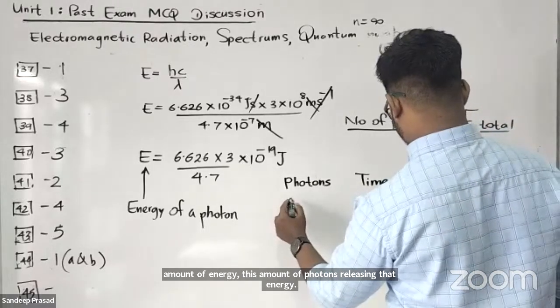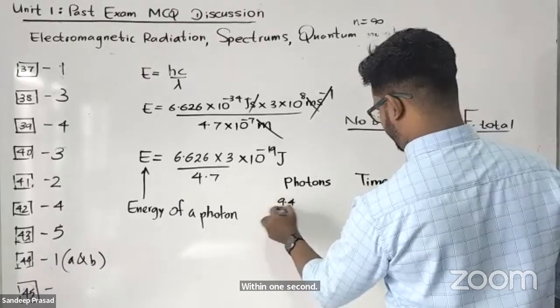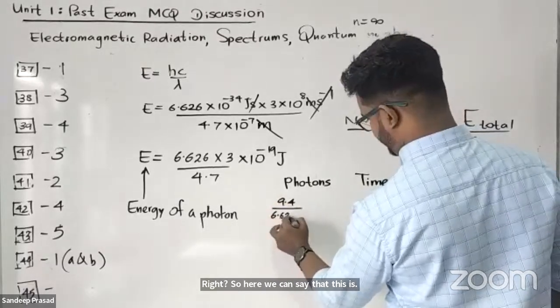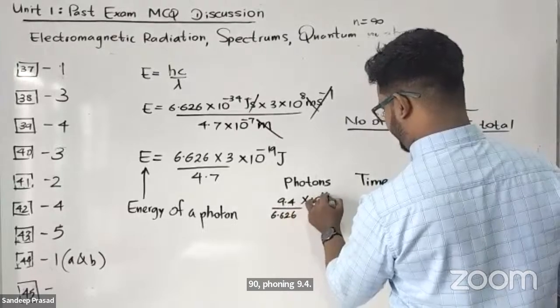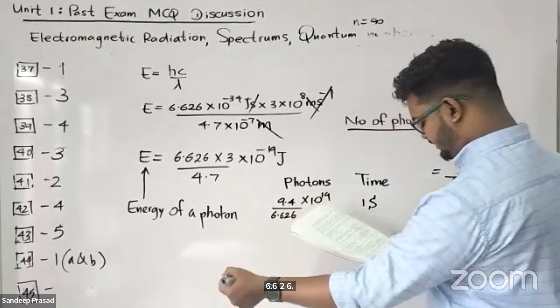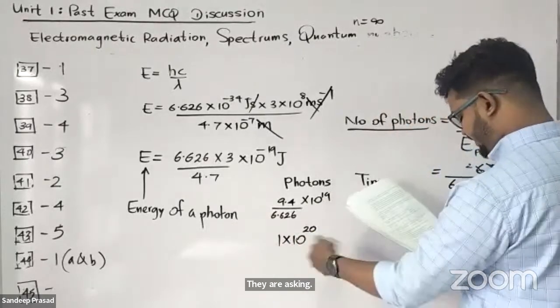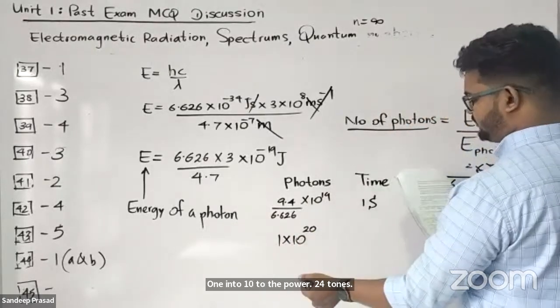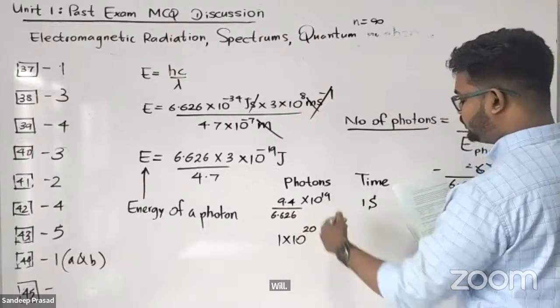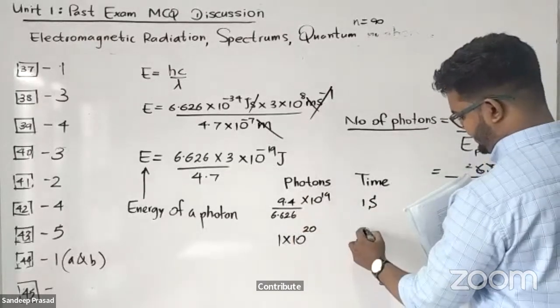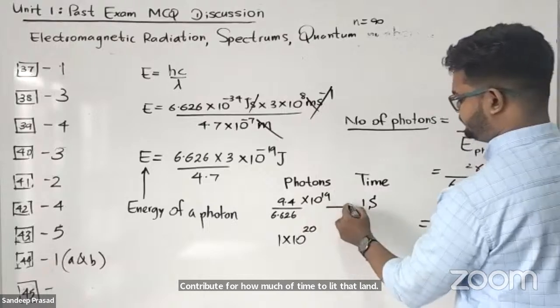So here we can say that this is 9.4 over 6.626, 10 to the power 19 photons per second. They are asking 1 into 10 to the power 20 photons will take how much time to light that lamp. Then we have to find that time.